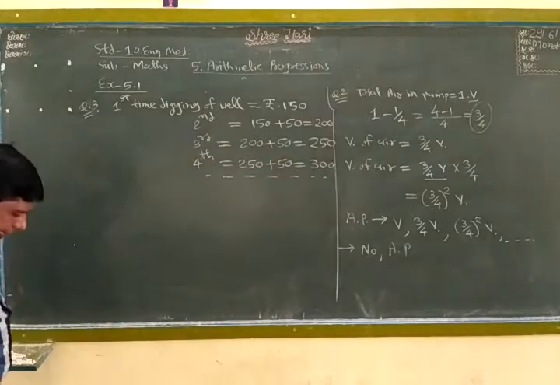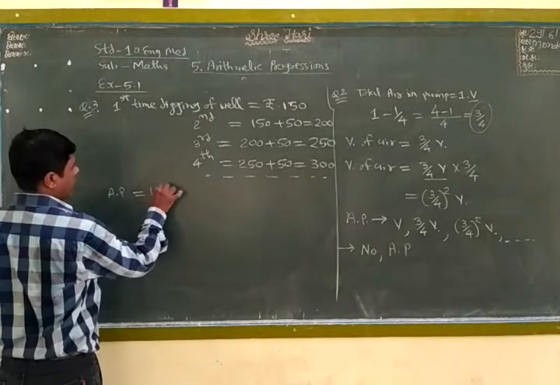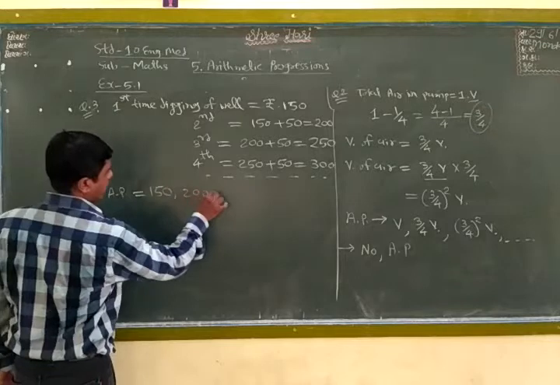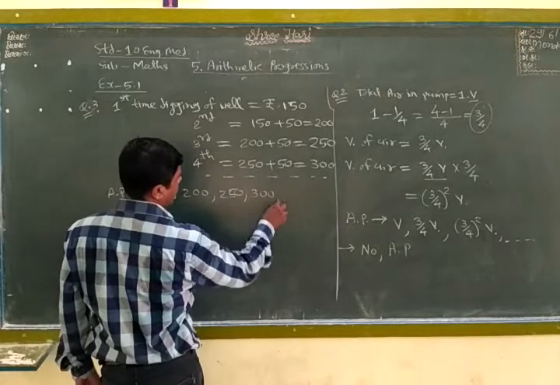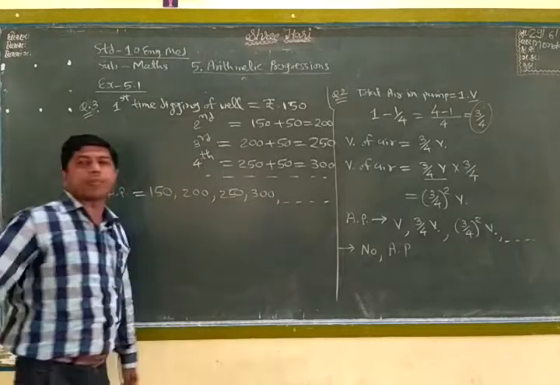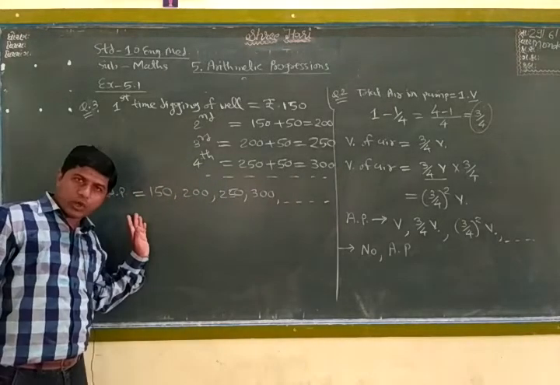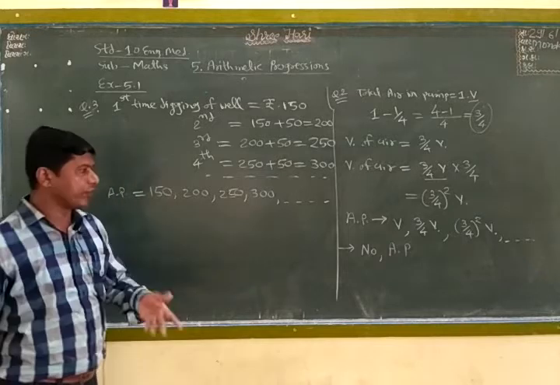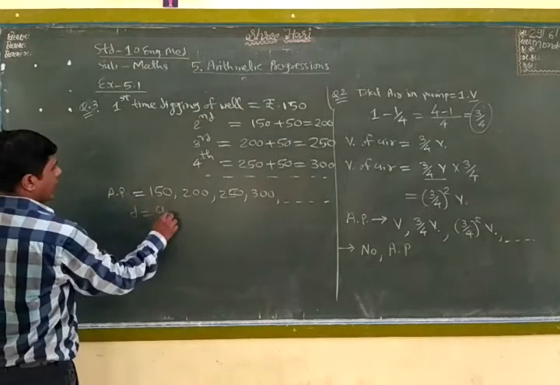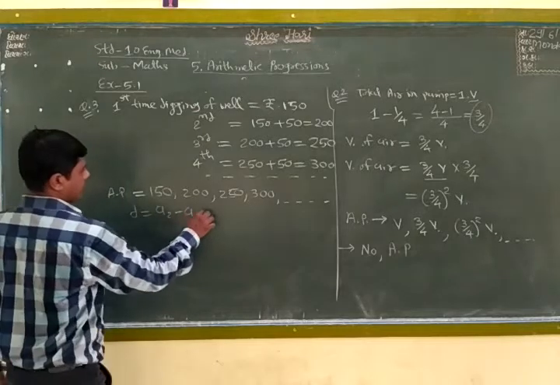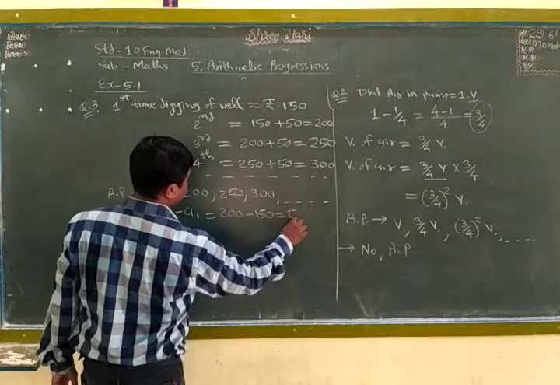So what happened? The arithmetic progression will be 150, 200, 250, 300, up to dash. It means an infinite arithmetic progression is given. So first, is this an arithmetic progression, yes or not? How to find the common difference? We say common difference D is A2 minus A1, 200 minus 150, so we get 50.